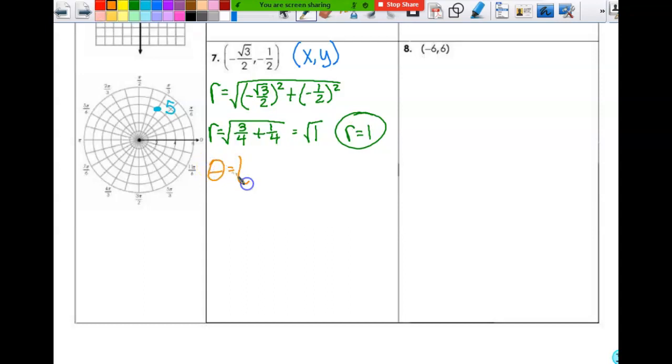Okay. Then I'm going to find theta. Theta is equal to the tangent inverse of y over x. So that's negative 1/2 over negative square root of 3 over 2. So that is tangent inverse of 1/2 times 2 over the square root of 3.